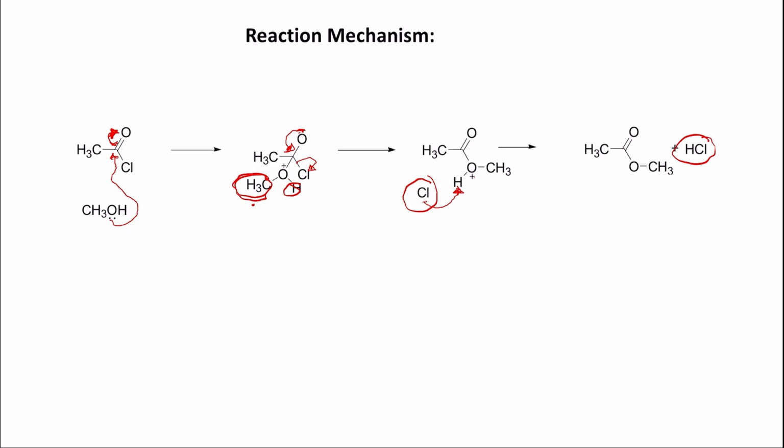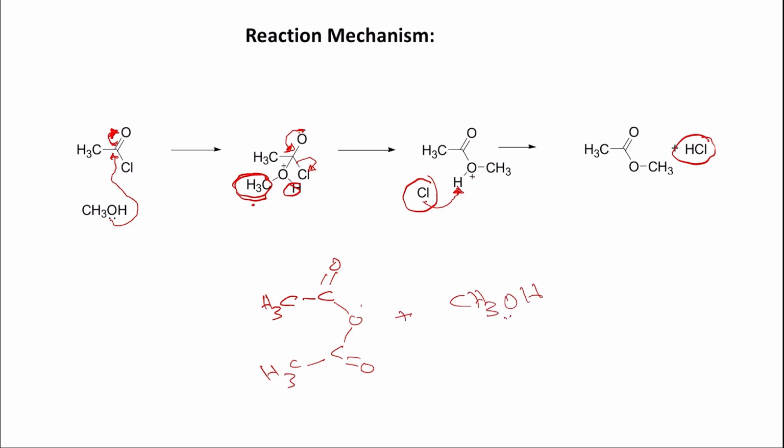And it's also the same reaction mechanism if you use an anhydride, where the leaving group is different. So let's say we started the reaction with the anhydride, ethanoic anhydride like this one, and then you have the methanol, CH3OH.